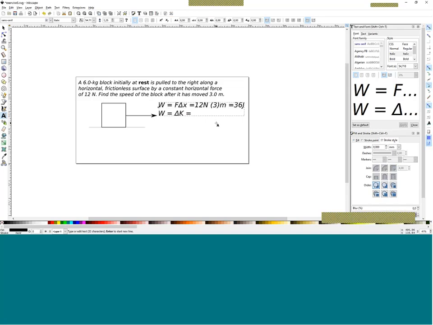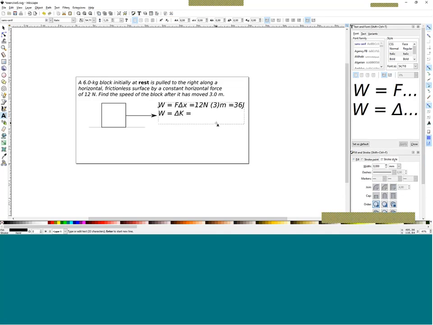From the question, the initial speed of the system is 0, since it starts from rest, so K initial is 0 and the work is simply equal to K final.